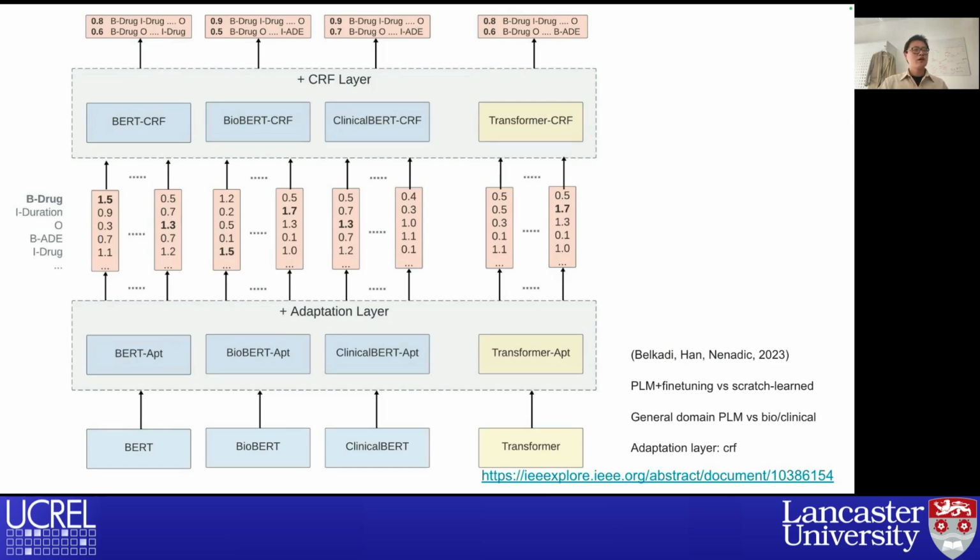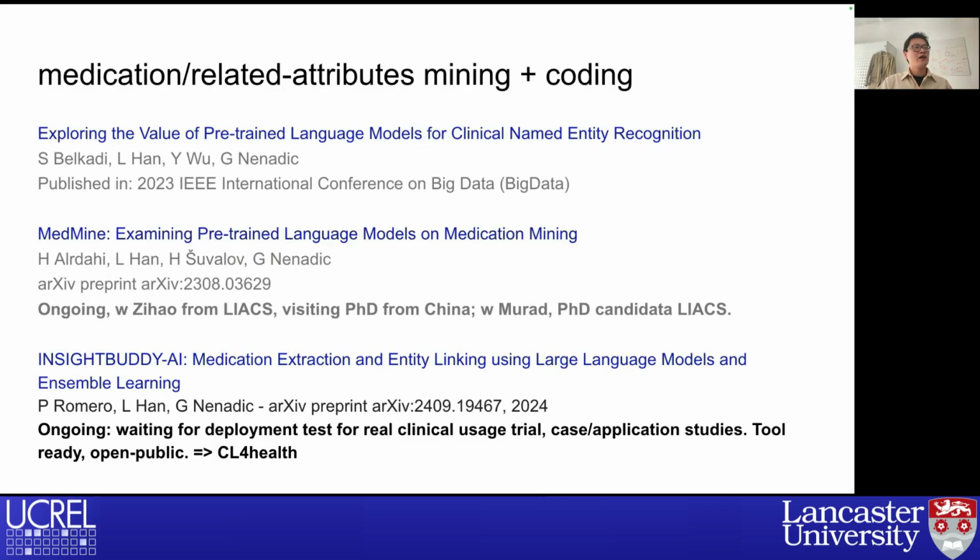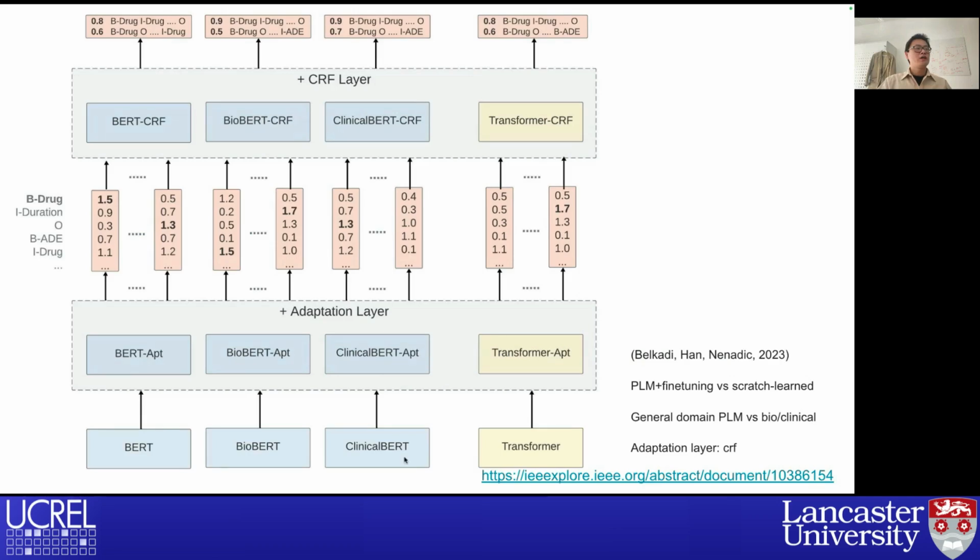So for the first one, about exploring the value of pre-trained language models, we compared BioBERT, ClinicalBERT, versus a scratch-learned transformer. So this is not pre-trained at all, only the framework. We compare the performance after adding an adaptation layer, like we mentioned, right? And then we also add the CRF layer and see what the performance is.